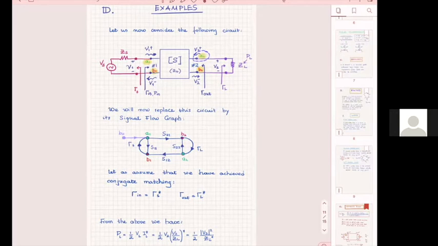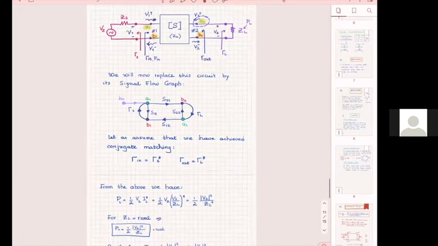And the sum of A2 and B2 is the total voltage at the port. So I can find V2 over Vs just by finding the two ratios, B2 over Vs, A2 over Vs, and then summing them up. So that's what I'm going to do.